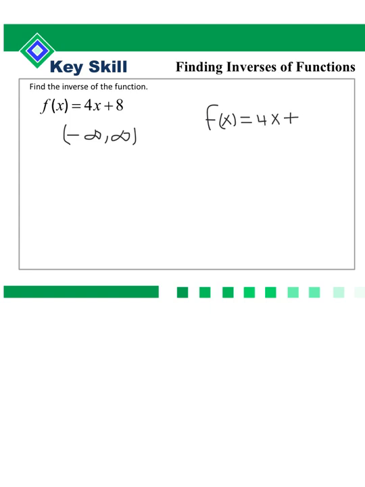I replace f of x, so it's going to be y equals 4x plus 8. Next step, I'm going to solve for y, so subtract 8 from both sides. Then I'm going to divide everything by 4.